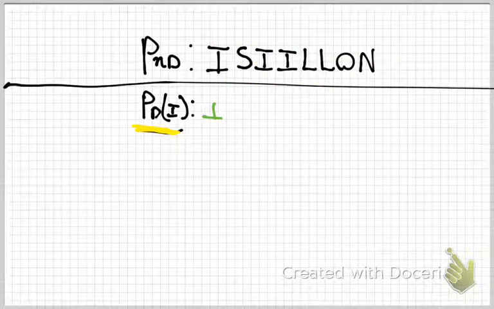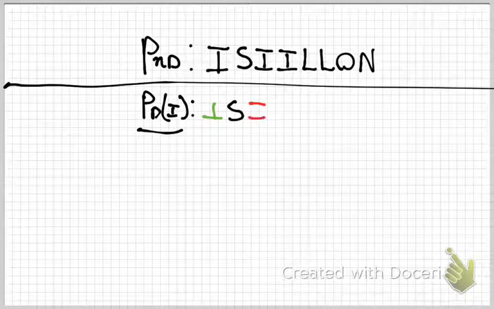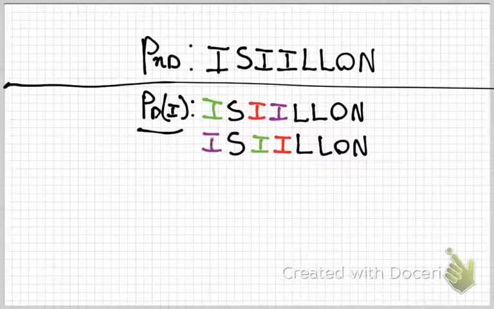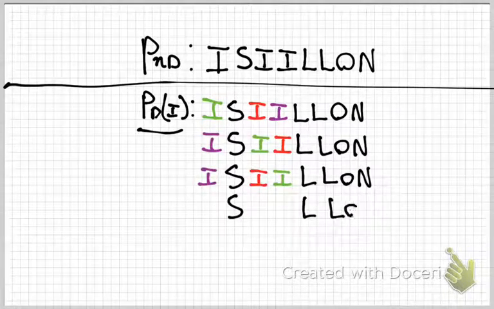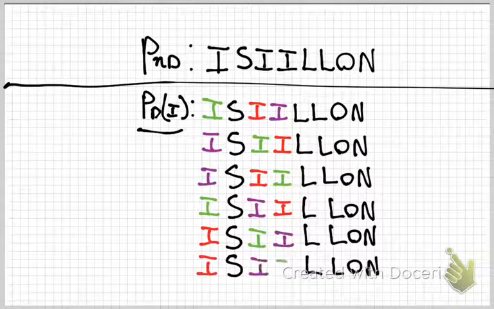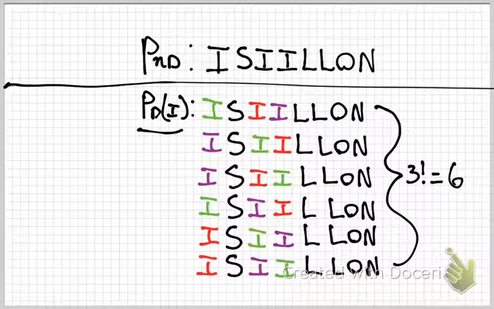All right. So that's one. That's another. That's another. That's another. And that is another. So how many did we get? We got 3 factorial, which is equal to 6.